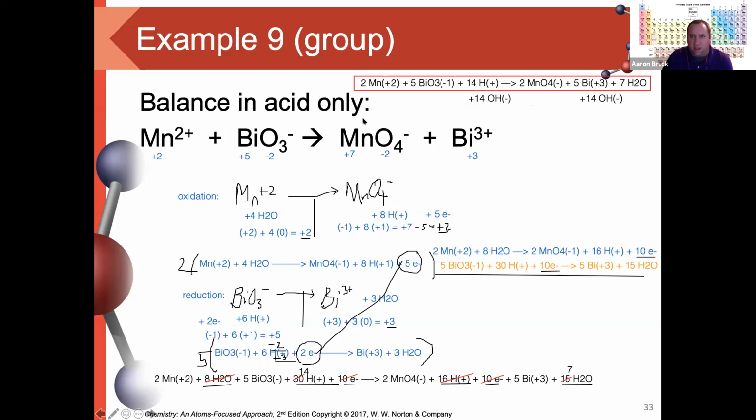When we do that, it's going to turn the hydrogen ions into waters.